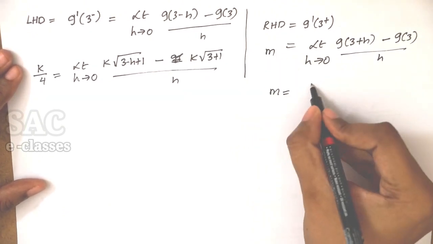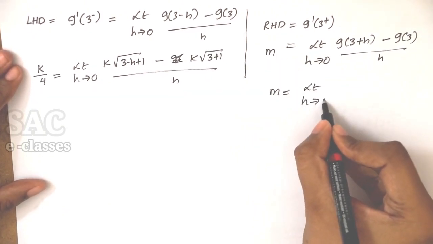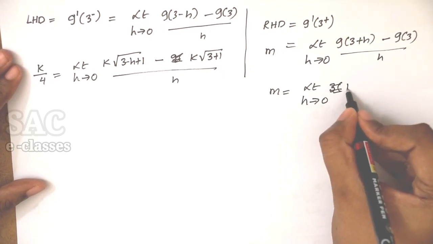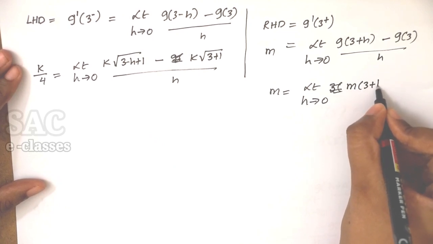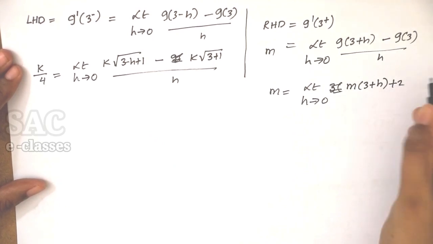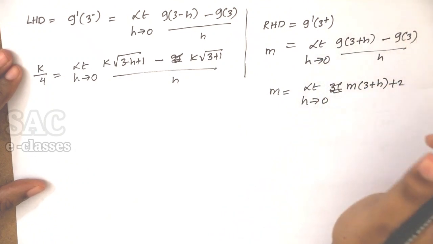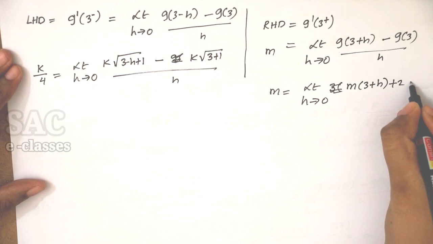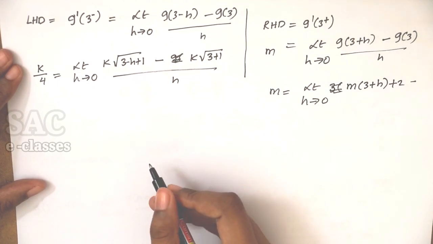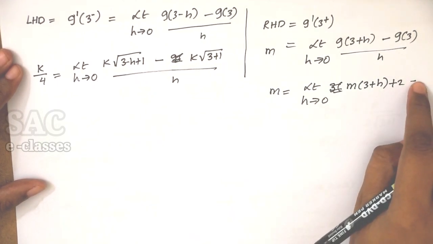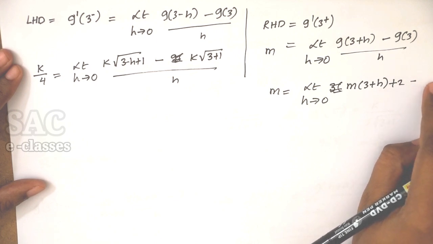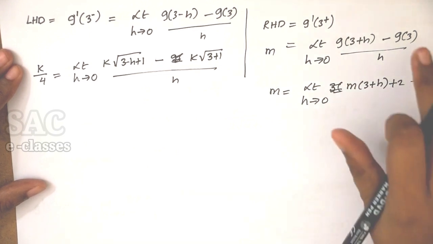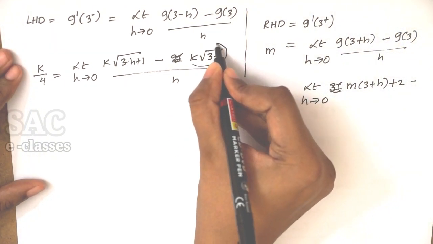m equals limit h tends to 0 of m into 3 plus h plus 2, because we know that g of x is equal to mx plus 2, minus g of 3. The value of g of 3 we simply get as 3m plus 2. Then with 3m plus 2 we are also not getting much value. So now I am taking this g of 3.